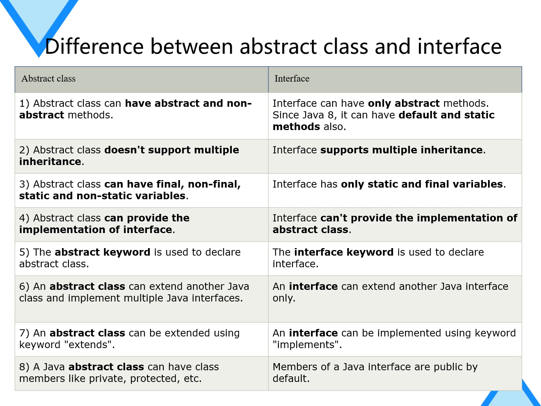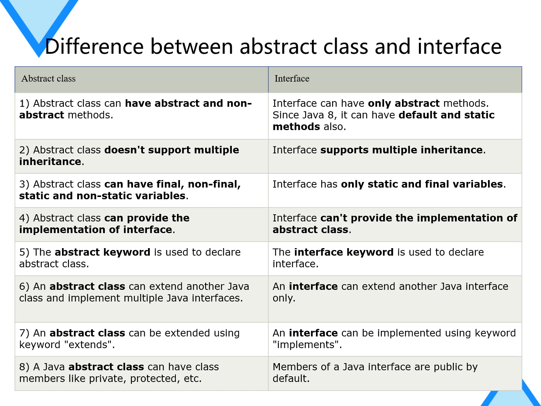The second difference is that an abstract class doesn't support multiple inheritance, but interfaces support multiple inheritance. An abstract class can have final, non-final, static and non-static variables. An interface has only static and final variables.